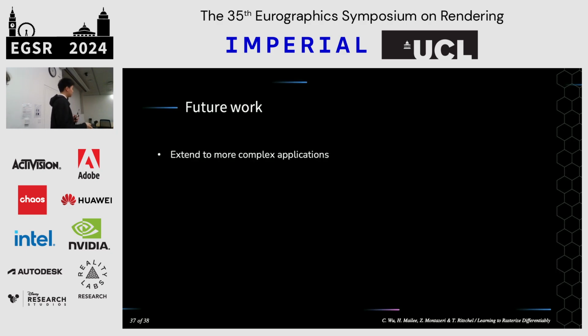In the future, we plan to extend the same idea to more complex applications, like those with complex materials and light settings, which also introduce discontinuities. And we can also explore meta-learning the softness for each step in the optimization, because dynamically updating the softness will also add extra computations.